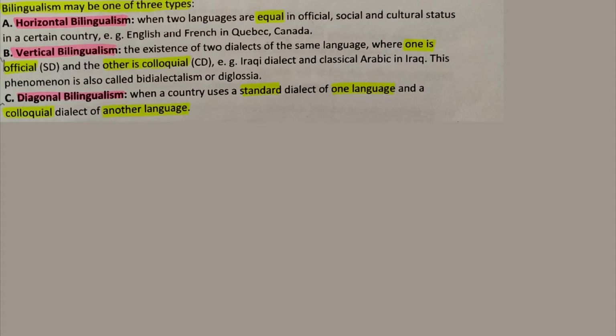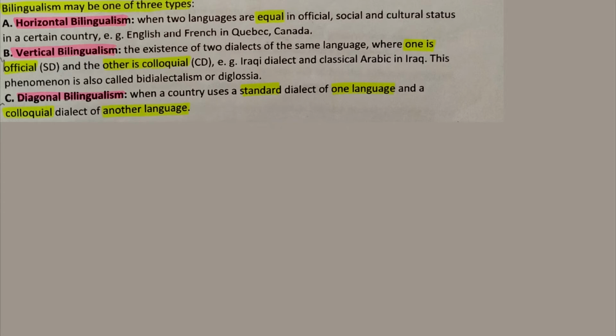For instance, if you take the Algerian dialect and classical Arabic, both of them are spoken in this country, but the Algerian dialect is CD, while classical Arabic is SD.